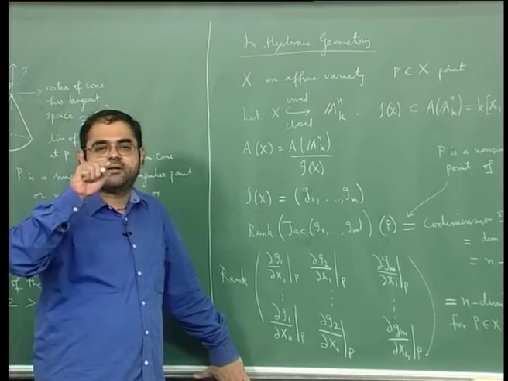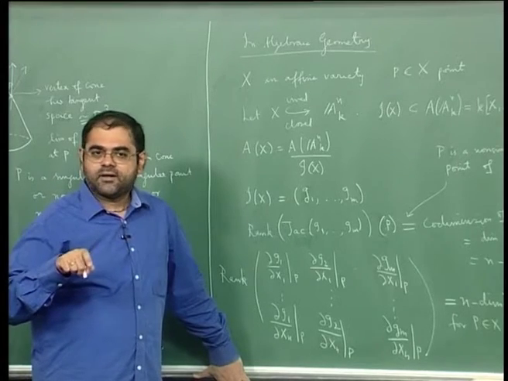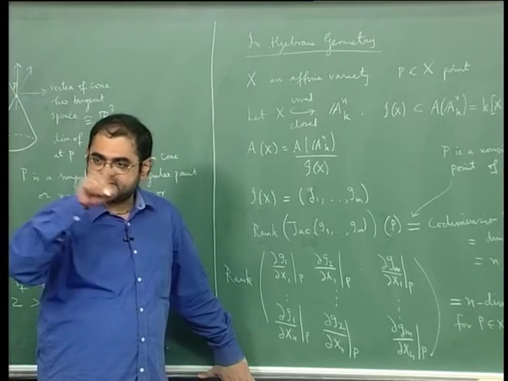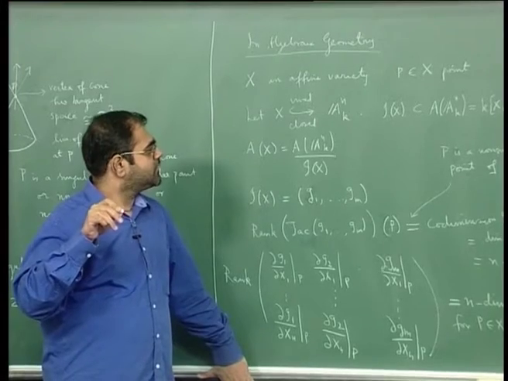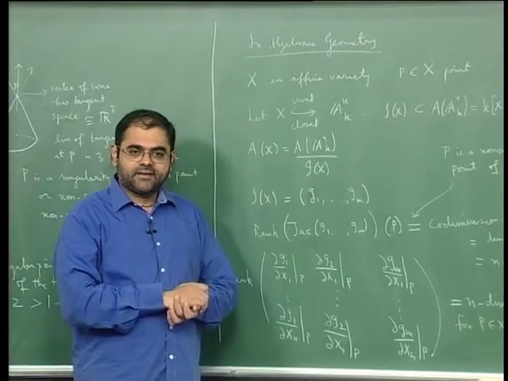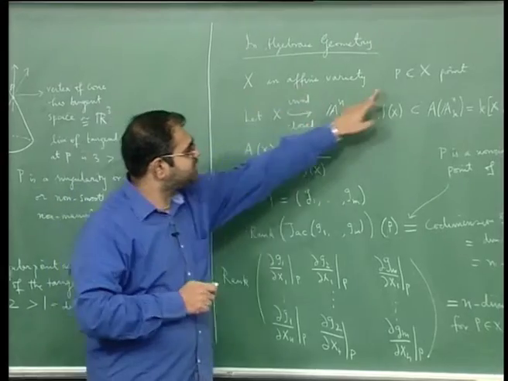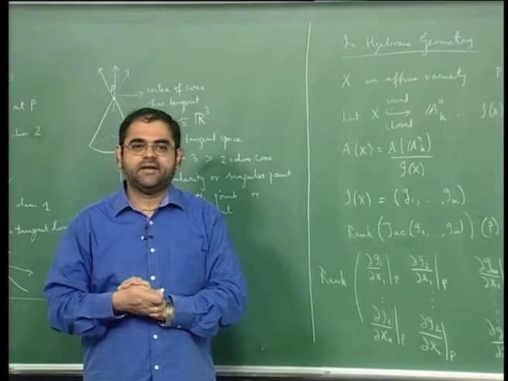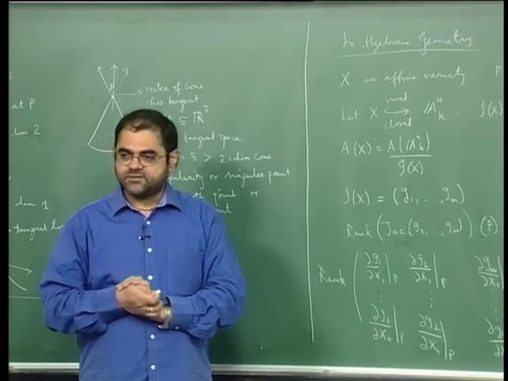Therefore you give me a point on any variety, I can find an open set surrounding that point which is isomorphic to an affine variety, so that point is now lying on an affine variety, and then I can say it is non-singular or not based on this definition. So I can extend this definition of non-singularity to any variety, just because any variety admits a finite cover by open sets which are isomorphic to affine varieties.